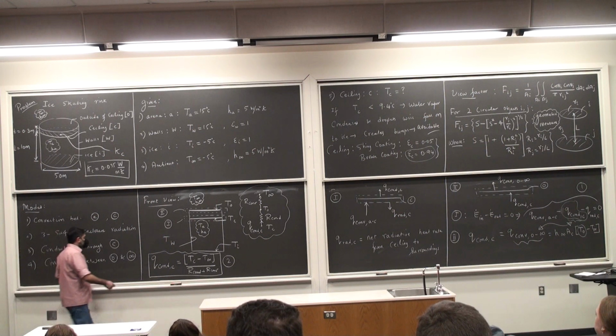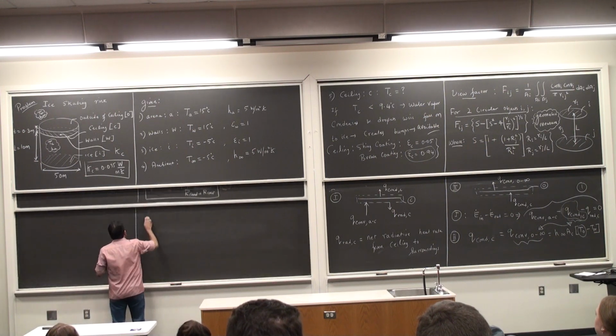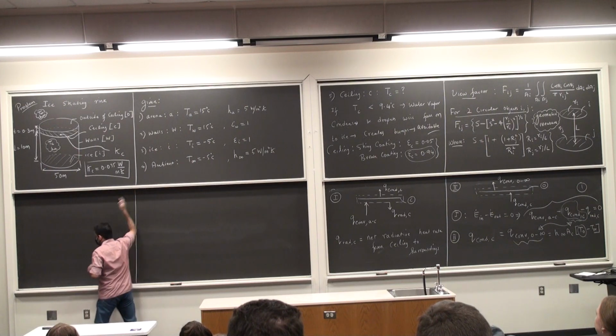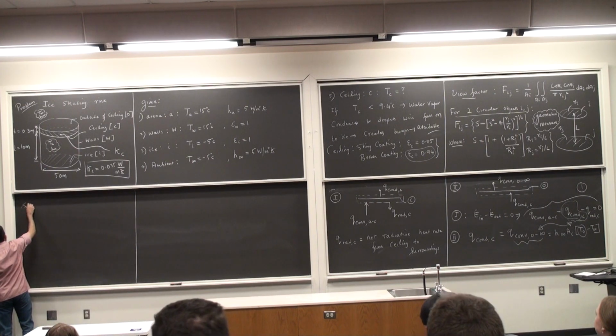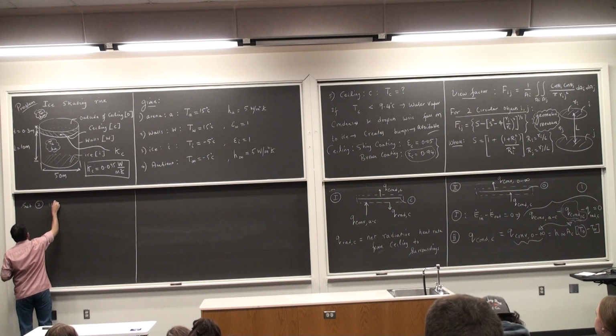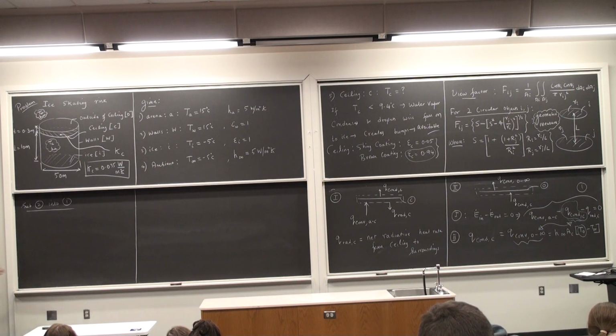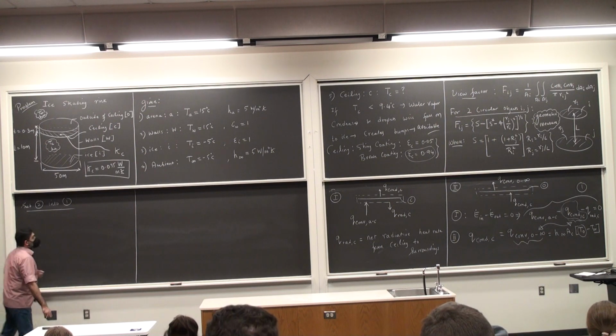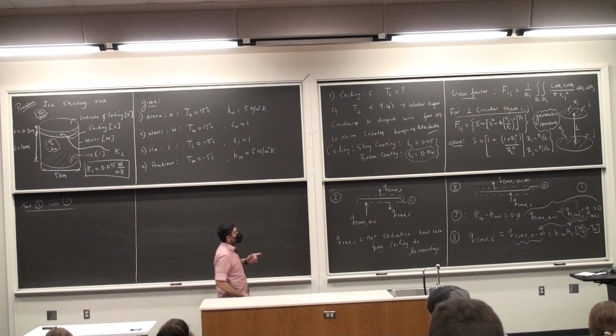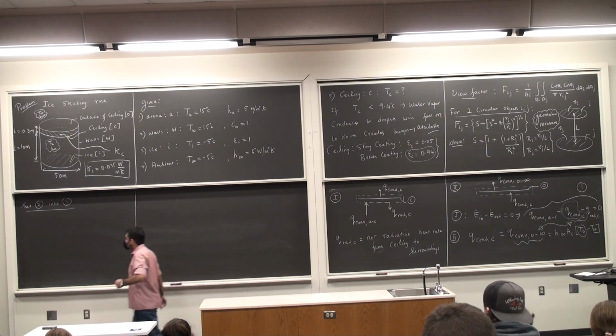Alright, so moving on. Substitute 2 into 1. The idea is you take something that looks as nasty as this, but you break it up into small pieces, and then you eventually get to some place where it is much more tractable. So substituting 2 into 1, I have Q conduction, A to C, I'm going to do the substitutions of the equations.